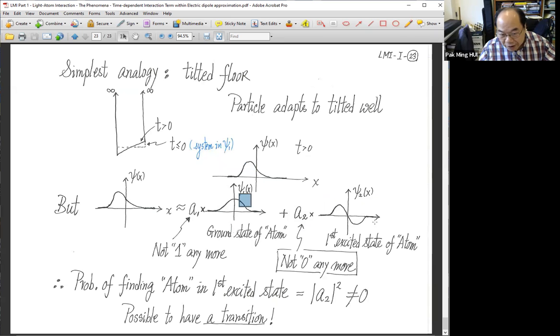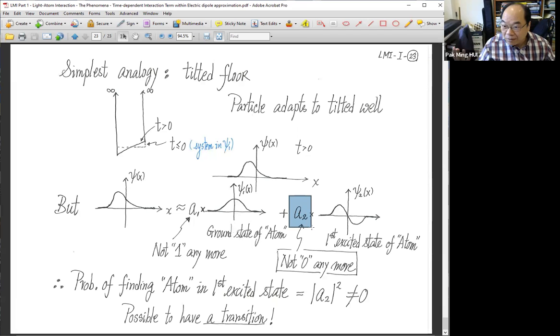This is positive, this is negative, diminishing the wave function on this side. So that makes sense. Now you already see, if I focus on the atom, which is the flat bottom system, even at time equals 0 tilted, I already discovered that A2, if I take the square of it, will be the probability of finding this atom in the first excited state. You see, time-dependent perturbation leads to transition.